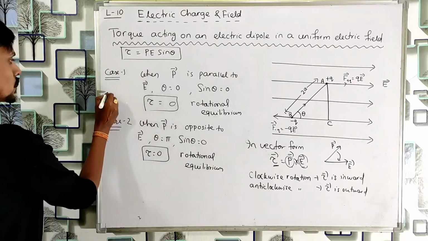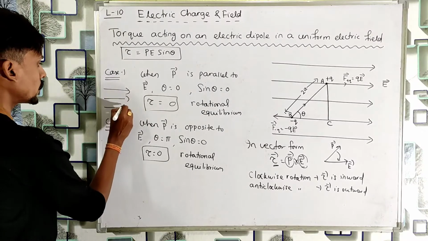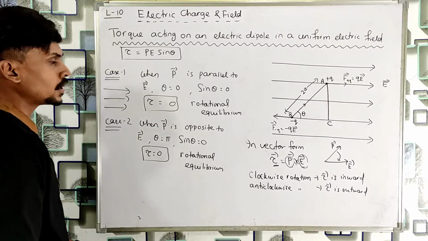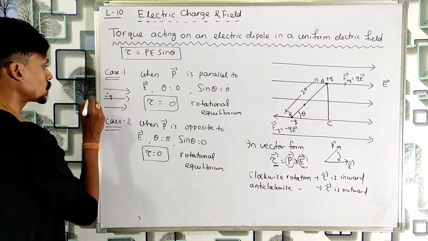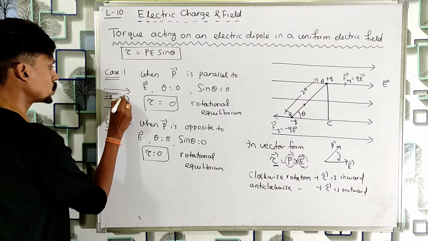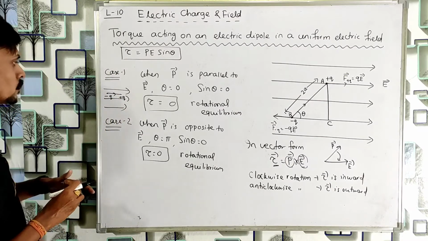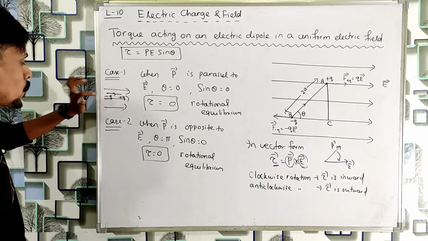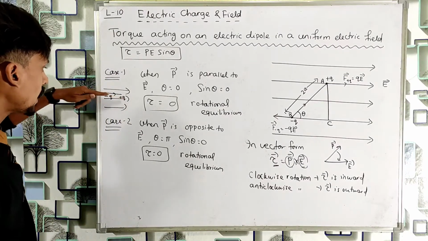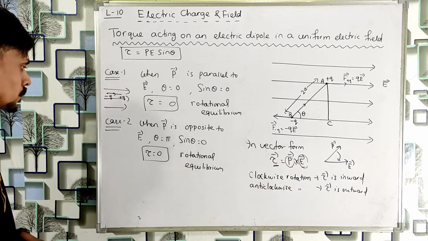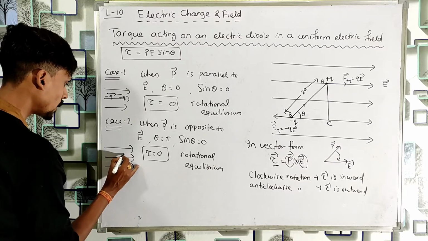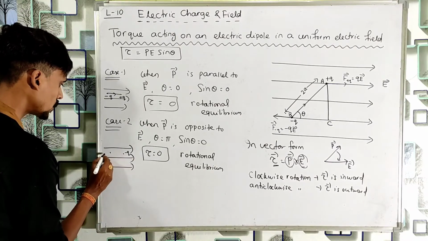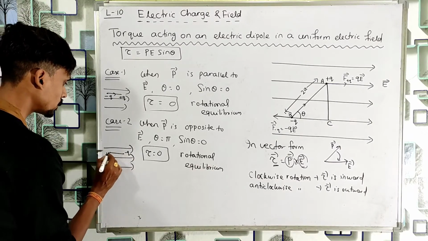In the first case, the dipole moment is parallel to the electric field, meaning here we have a minus q charge and here we have a plus q charge. The dipole moment is directed from the negative to the positive charge, so the dipole moment and electric field have the same direction. In the second case, the dipole moment is opposite to the electric field direction.